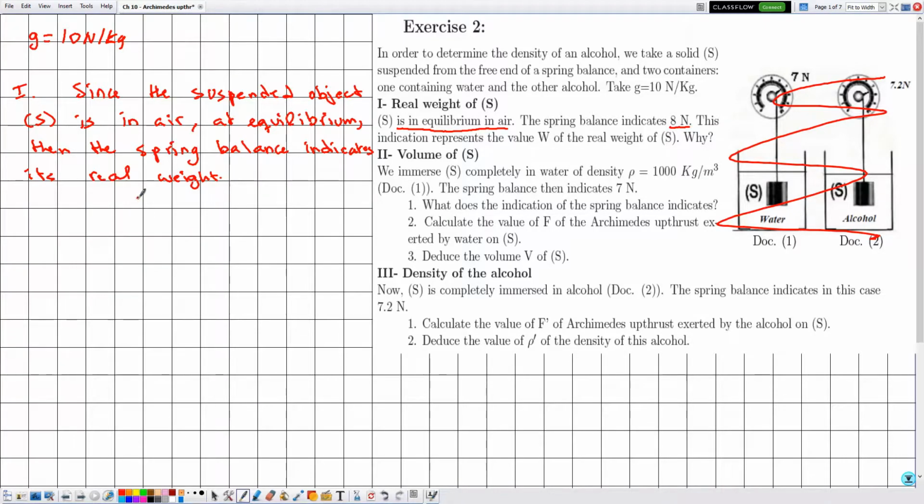Then in this case the real weight is given by 80 newtons. So let me write here that the real weight is given by 80 newtons.